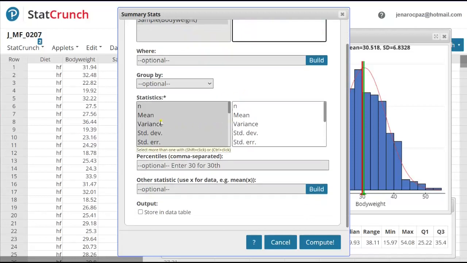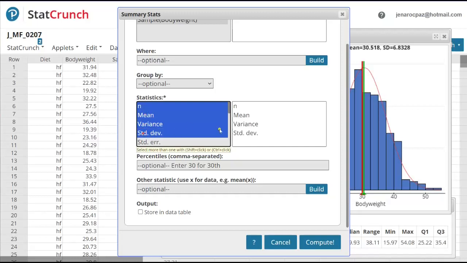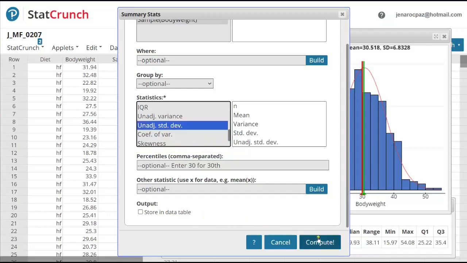And I want to find the number of items in the sample, the mean, the variance, and the standard deviation. Just those. And also let me choose this other value. Compute.